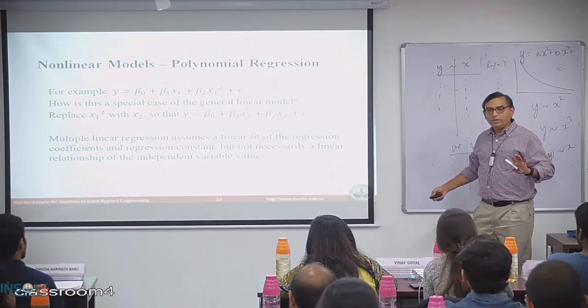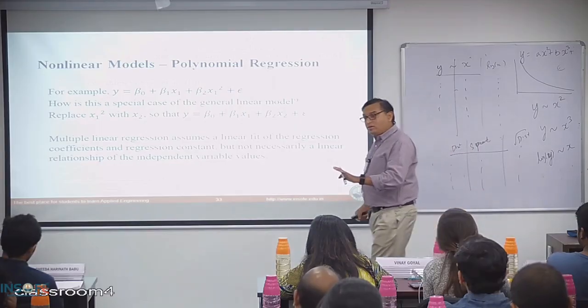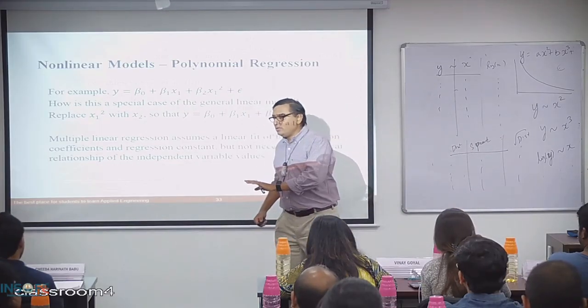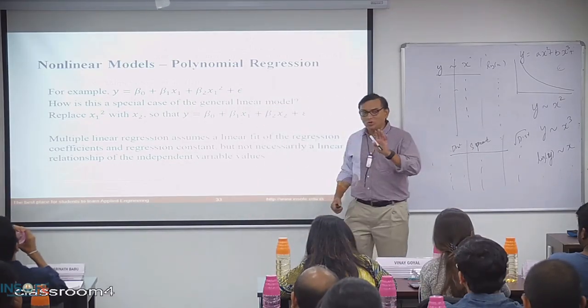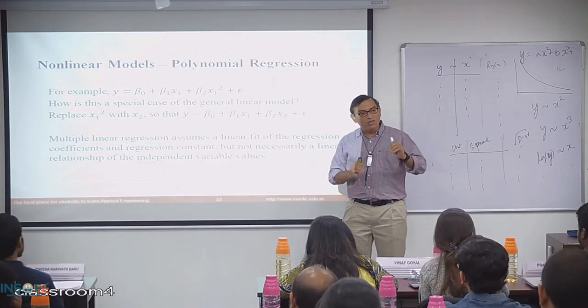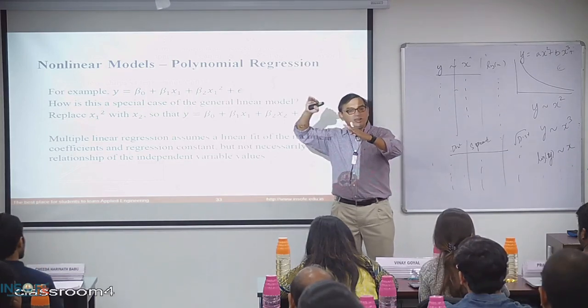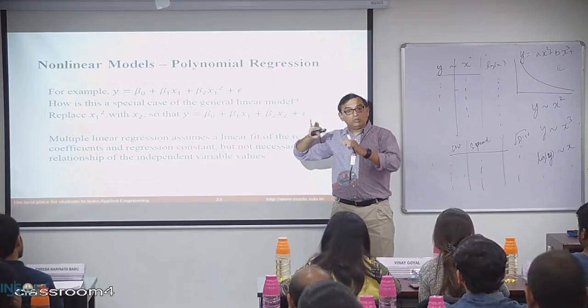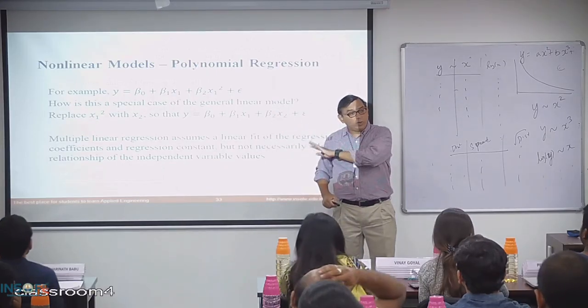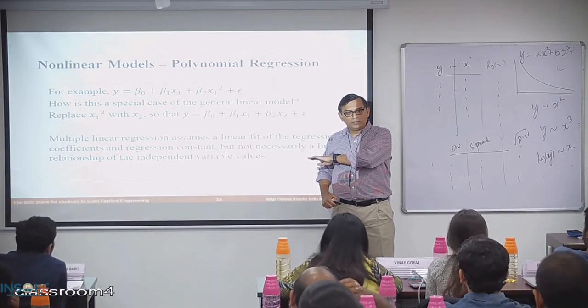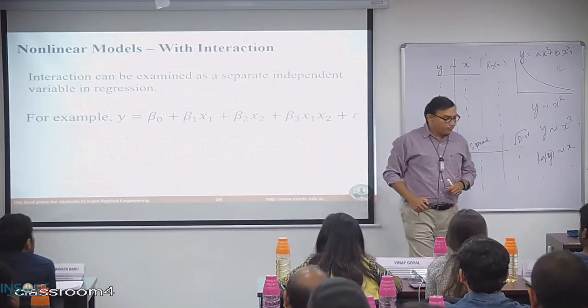So the whole linear model is pretty powerful. It does not mean that you can handle only simple straight line patterns. You are able to handle all kinds of patterns in the data.